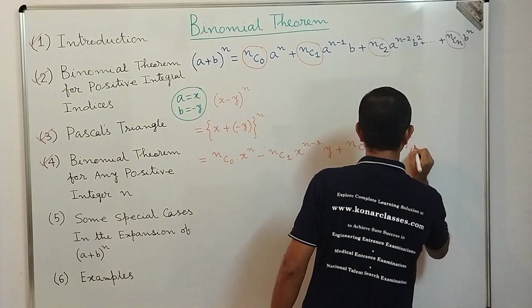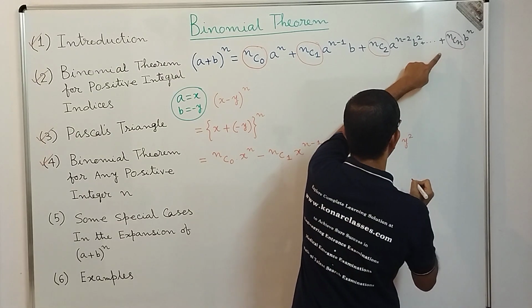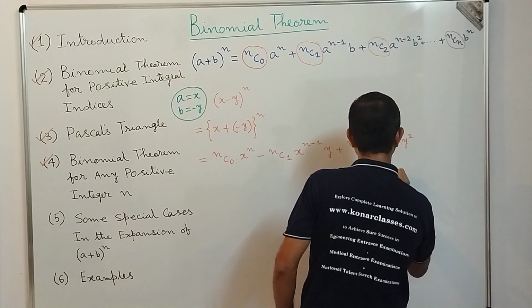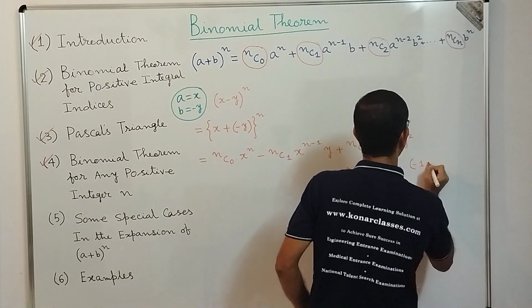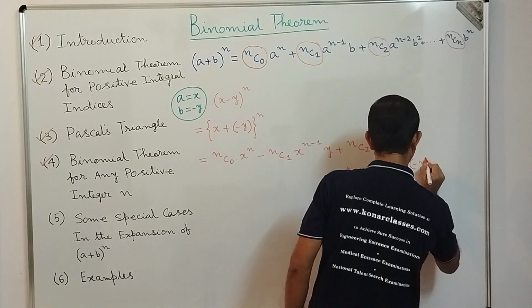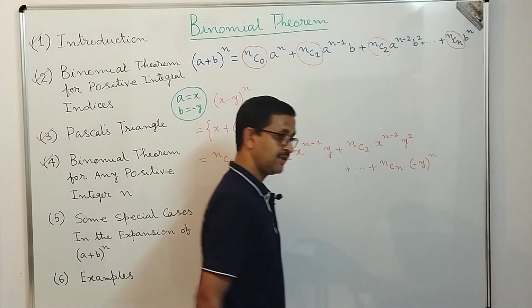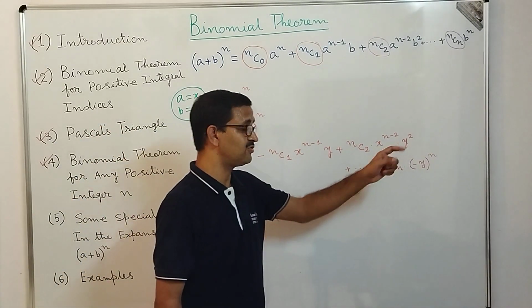In that way, we can continue. The last term, dear students, is nCn into minus y power n. Whether minus y power n will be positive or negative depends on n.